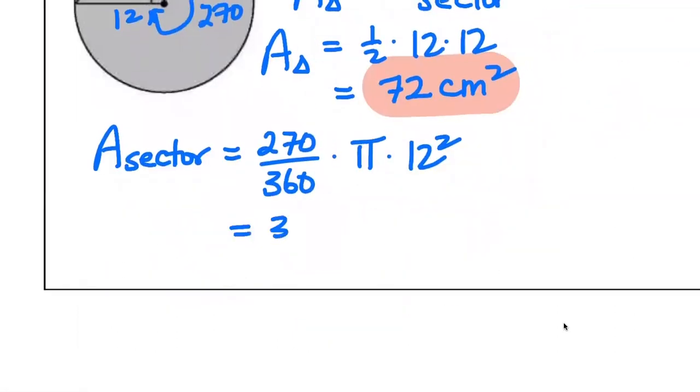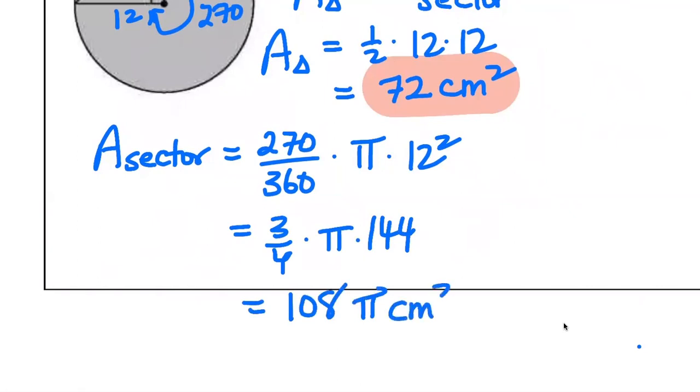Okay, that was 3/4 of the circle times pi times 144. So 144 times 3 divided by 4 is 108, exactly 108 pi centimeters squared.